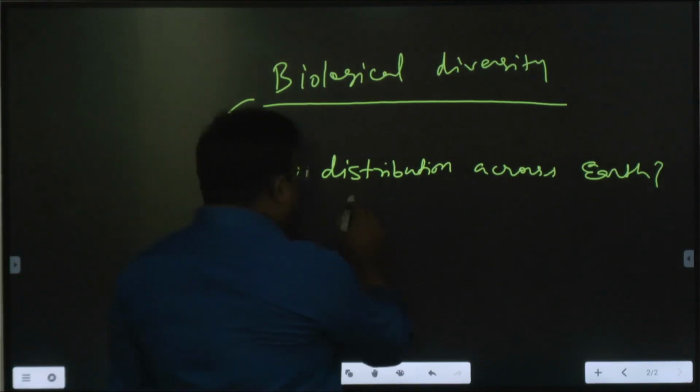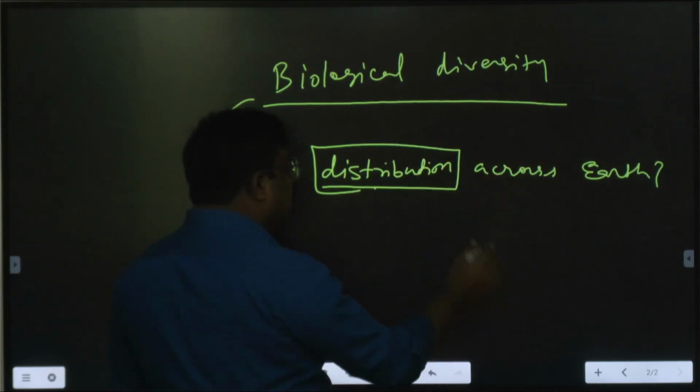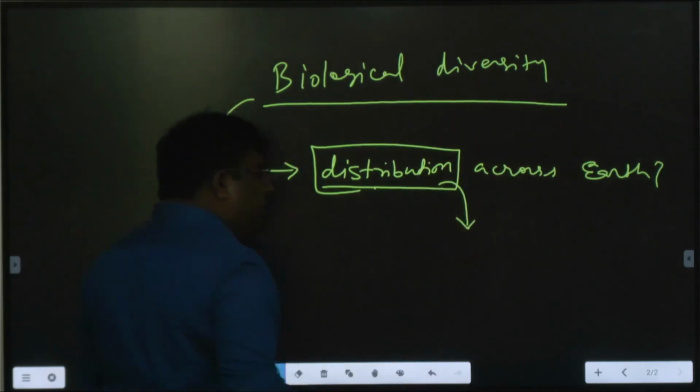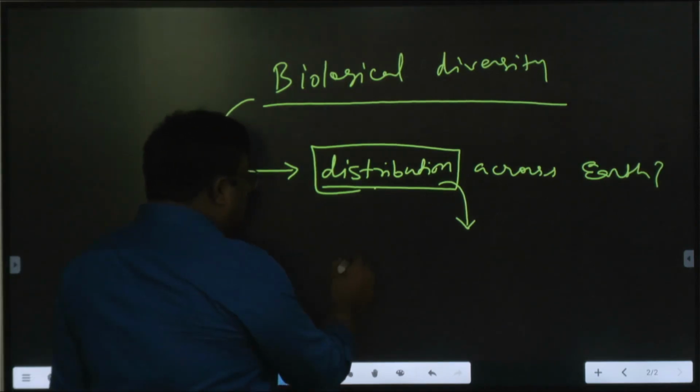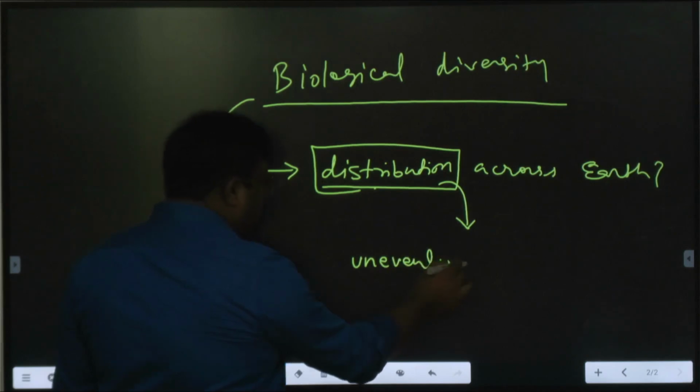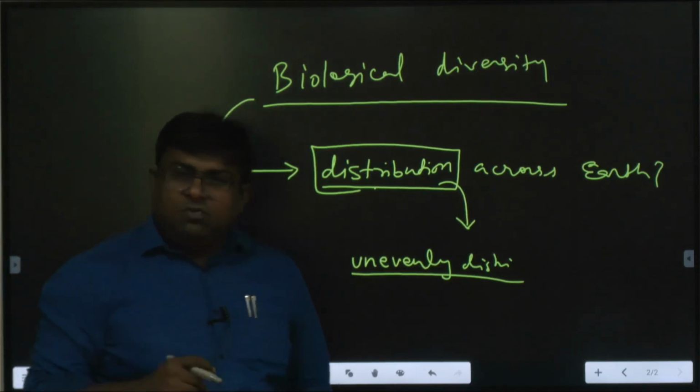So if we try to trace out the manner of distribution of Earth's biodiversity, we would find various data which says that known biodiversity of Earth is unevenly distributed across Earth.